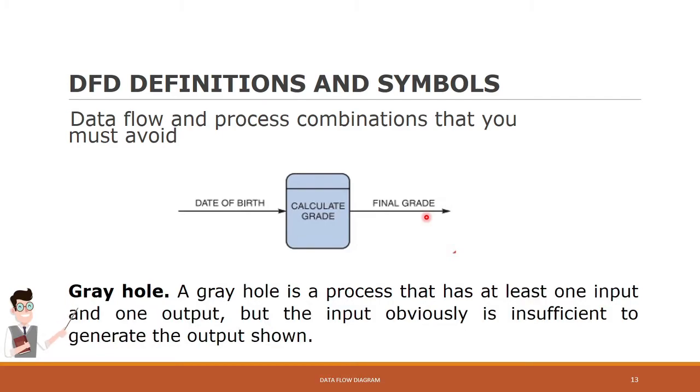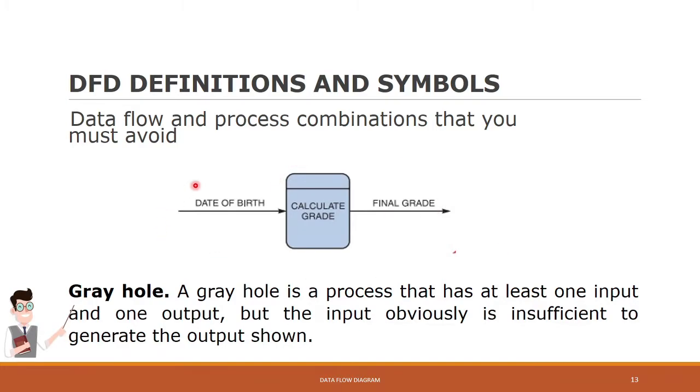Then the next one is the gray hole. A gray hole is a process that has at least one input and one output, but the input is obviously insufficient to generate the output shown. You can see here in this example, the process has an input data flow which is named date of birth, and the output is final grade.